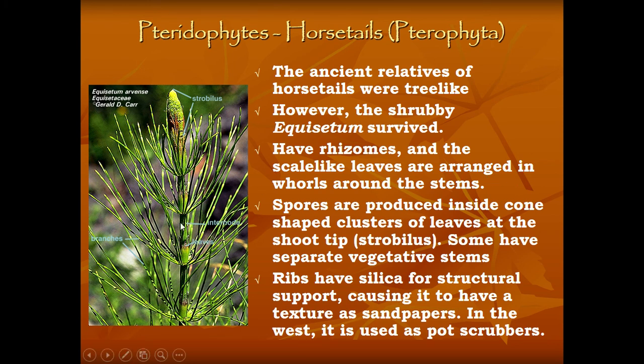The spores are produced inside the cone, which is a shaped cluster of leaves at the shoot tip known as a strobilus. Inside here is the place for producing the spores. Some have separate vegetative stems. Ribs have silica for structural support, causing it to have a texture like sandpaper.